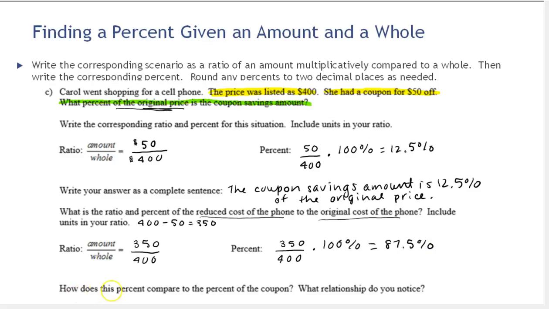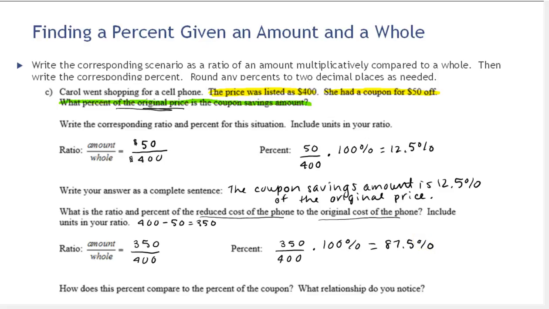And then we're asked, how does this percent compare to the percent of the coupon? What relationship do you notice? Okay. So notice we found that the coupon was 12.5% of the original price. And the reduced cost of the phone is 87.5% of the original price. Well, notice combining these two amounts, we get a total of 100%. Okay.